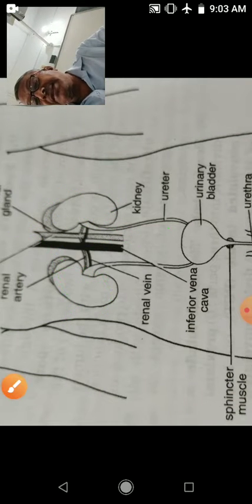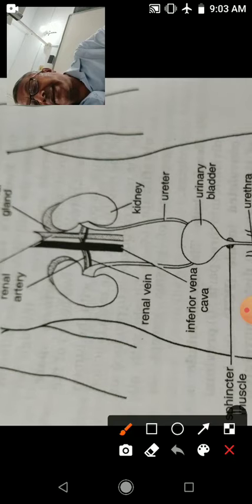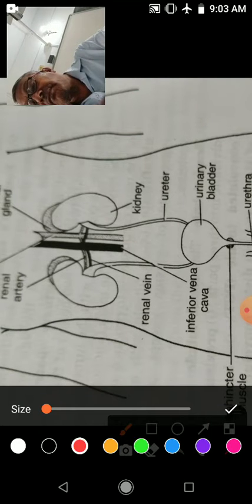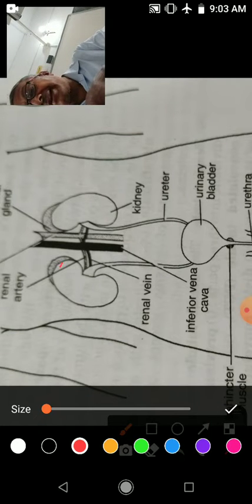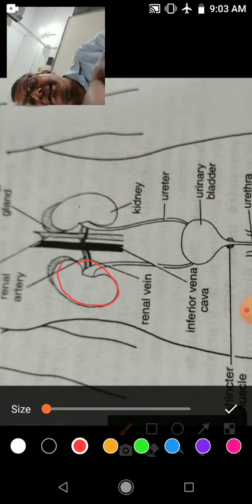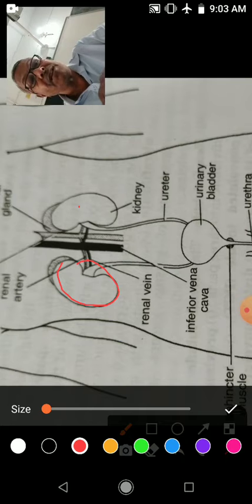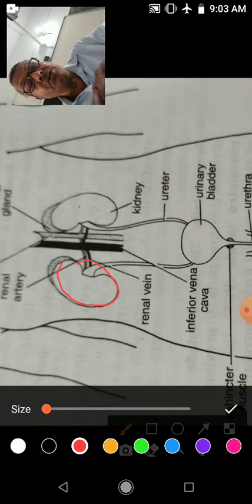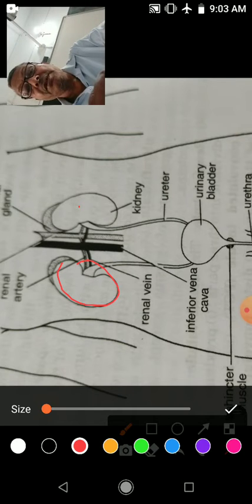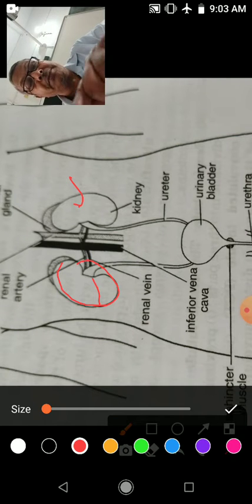See, this is the right kidney, and its position is slightly lower than the left kidney. The left kidney is slightly above, and the kidneys are protected by 12 pairs of ribs. Both kidneys, left and right, are protected by 12 pairs of ribs.